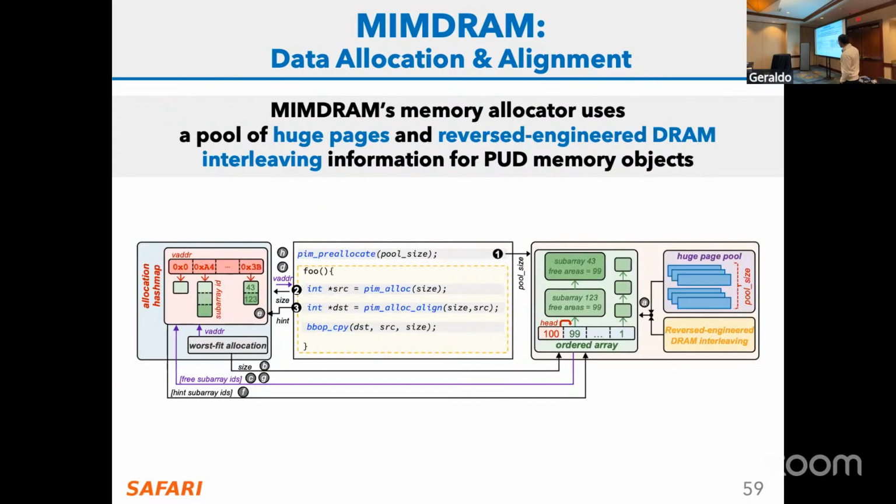And we combine that with our allocation algorithm that allows the application to tell that a particular array needs to be aligned at a given boundary depending on another array allocation as well. I'm not going to go into details over here because it is a little bit involved, but the takeaway is that with these two pieces of information, huge pages and reverse engineered DRAM interleaving information, we can guarantee that data alignment.